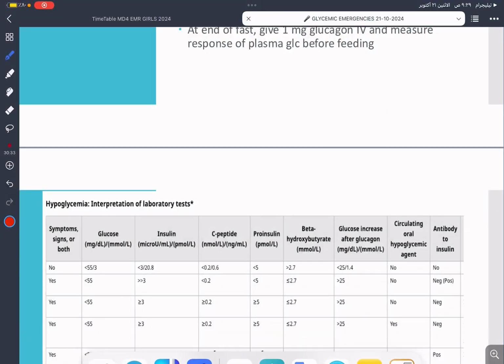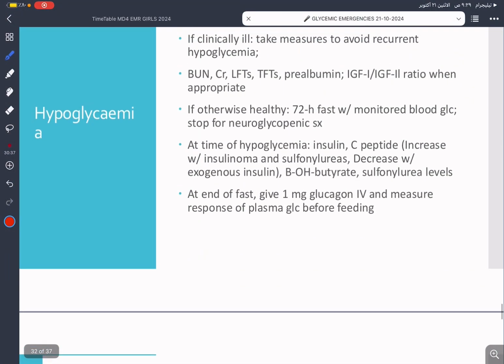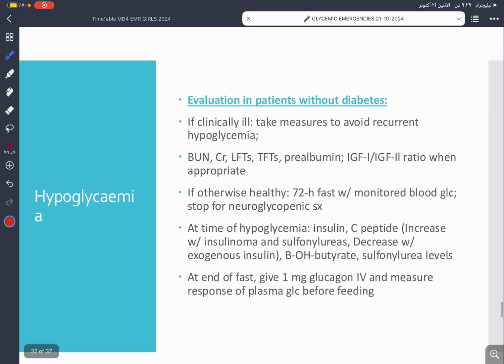How do we treat hypoglycemia? Dextrose, yes. Is he conscious or unconscious?